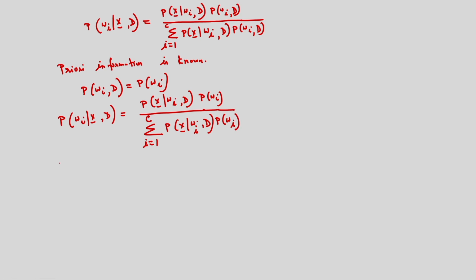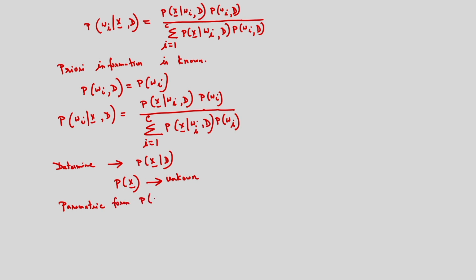So in case of the Bayesian estimation, what I have to determine is the probability of x given D. What information is available? The probability of x is not available, it is unknown, but the parametric form is known.